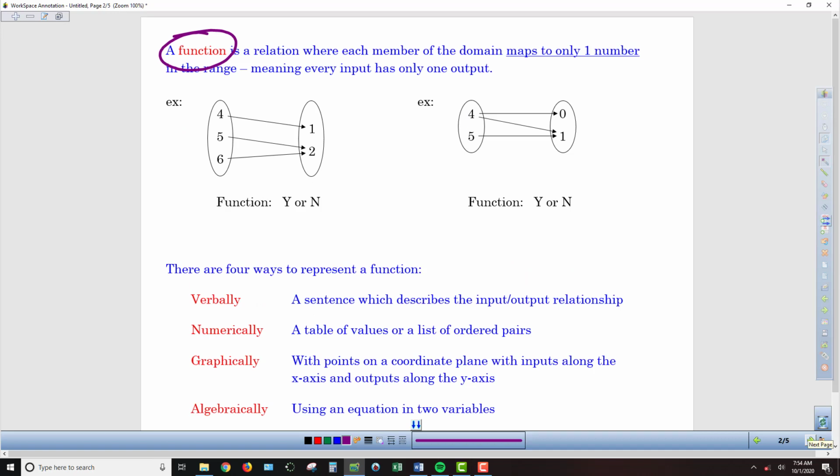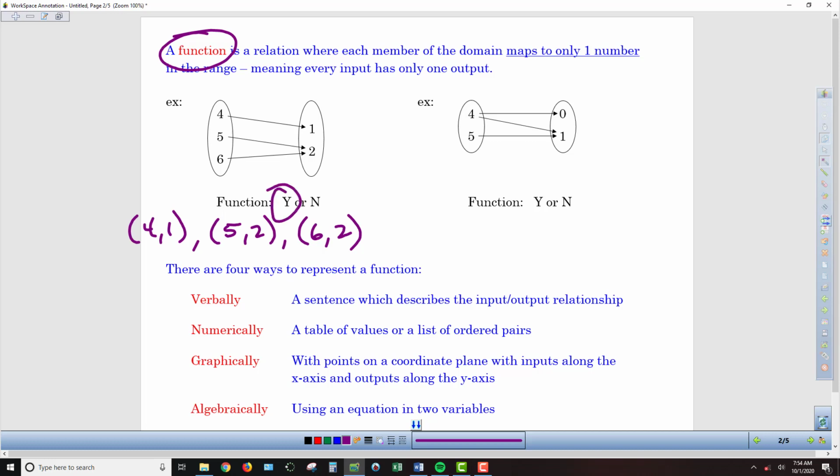In this next example, our ordered pairs are (4, 1), (5, 2), and (6, 2). Although we're reusing the same output a couple of times, that's fine. As long as we don't reuse the same input multiple times, that satisfies the definition of a function.